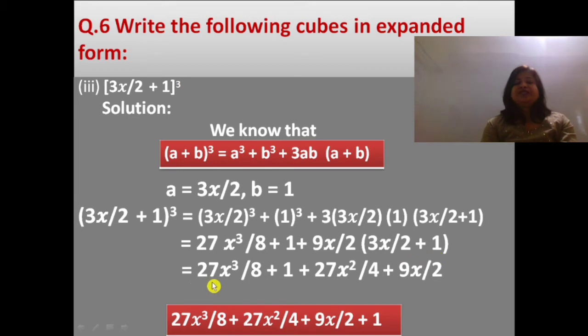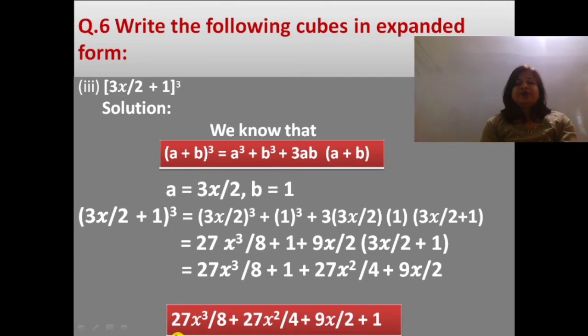Now 27x³/8 + 1 + 27x²/4, because we have multiplied 9x into 3x, then 27x² will come, then 2 into 2, then upon 4 will come. So here 27x²/4 will come. Now we have multiplied 9x/2 into 1, so 9x/2 will come.